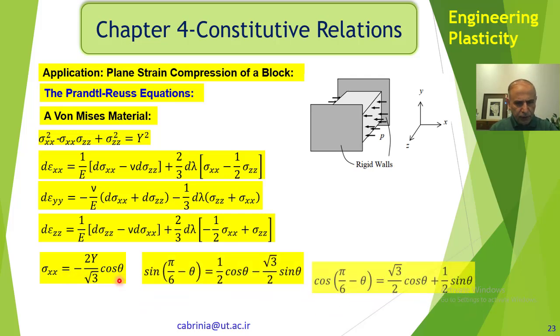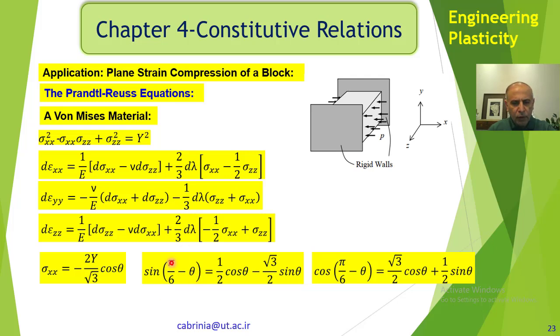So if we use this substitution for sigma XX, and also if we use these identities like sine of pi over 6 minus theta, this pi over 6 we also used in the pi plane, we get these expressions.